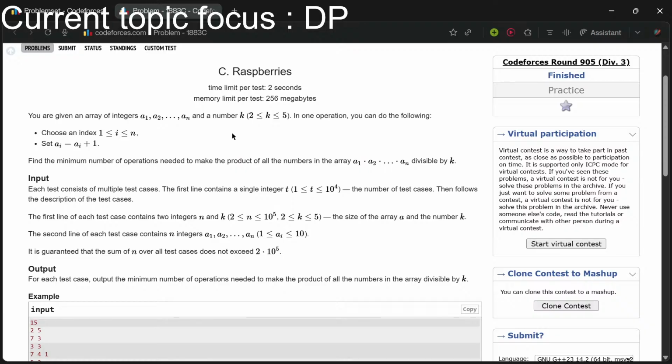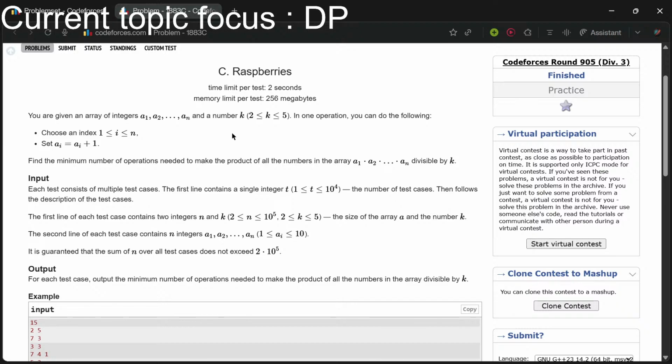So mathematically, how is all this possible? Okay, so mathematically I can take x1 into x2 into x3 into x4 and so on till xn, and this thing mod k is equal to 0. That's what I want.